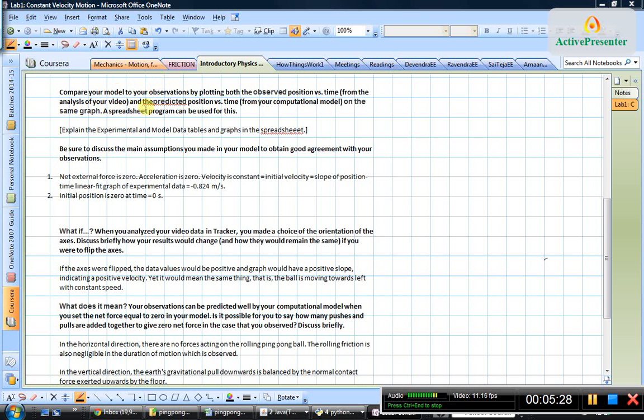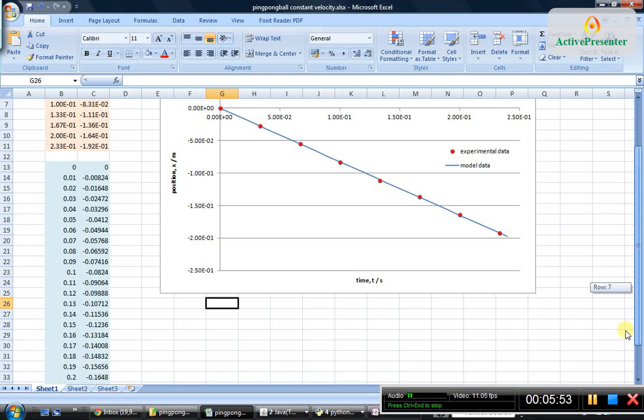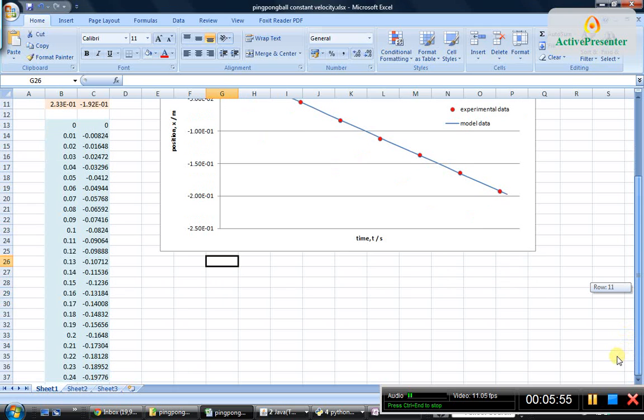Next I have to compare the model to my observations by plotting the observed position versus time and predicted position versus time. So here is my graph. This is the data of the experiment taken from the tracker software, and this is the data from the modeling which I output into the CSV file and copied and pasted here.